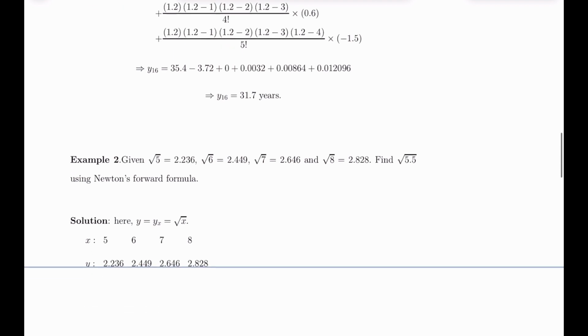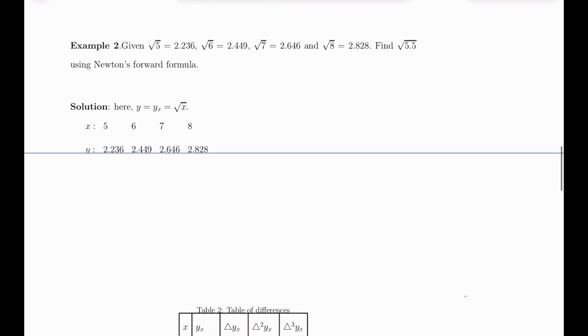Now second example. Given root 5 is 2.236, root 6 is 2.449, root 7 is 2.646 and root 8 is 2.828. Find root over 5.5 by using Newton's forward formula. Here we have y equal to yx equal to root over x.